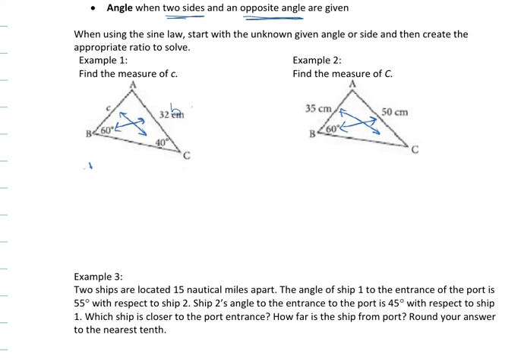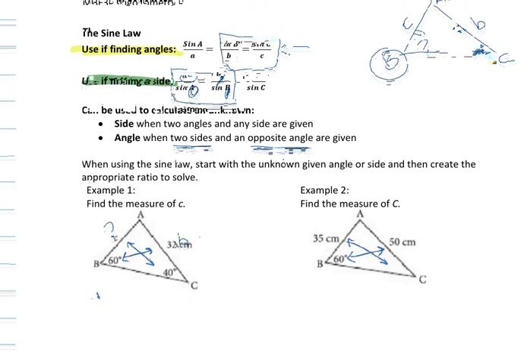Now the question is, I have in this case two angles and a side. Right? And I'm looking for another side. So which formula I'm going to use? I'm looking for a side. The second.